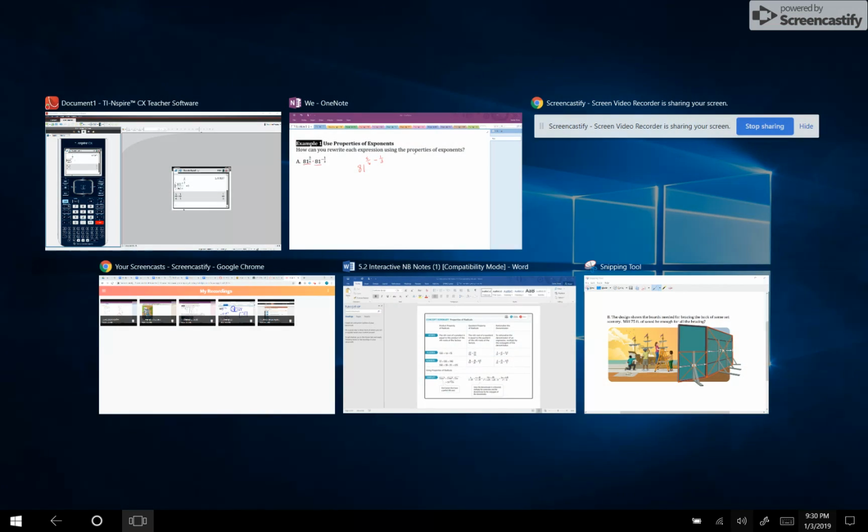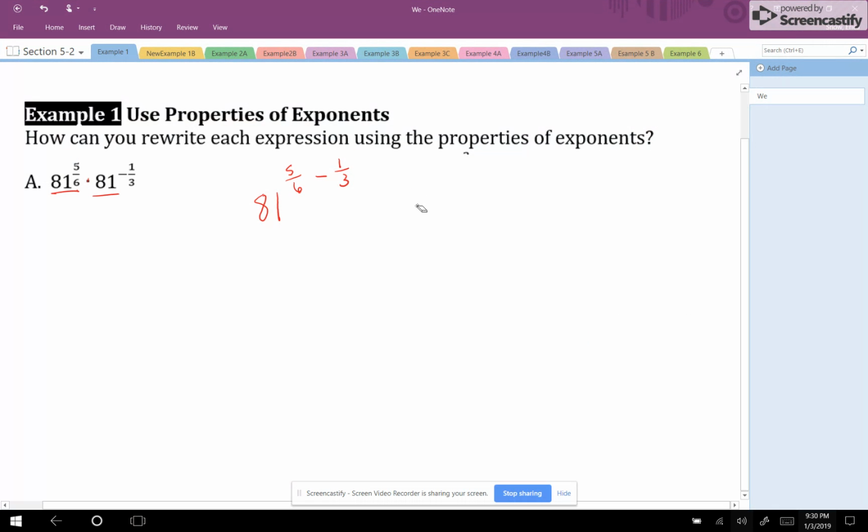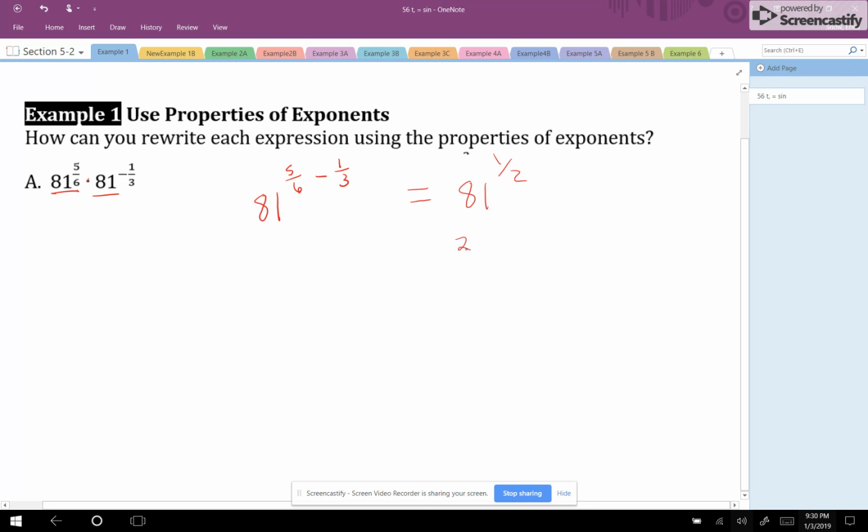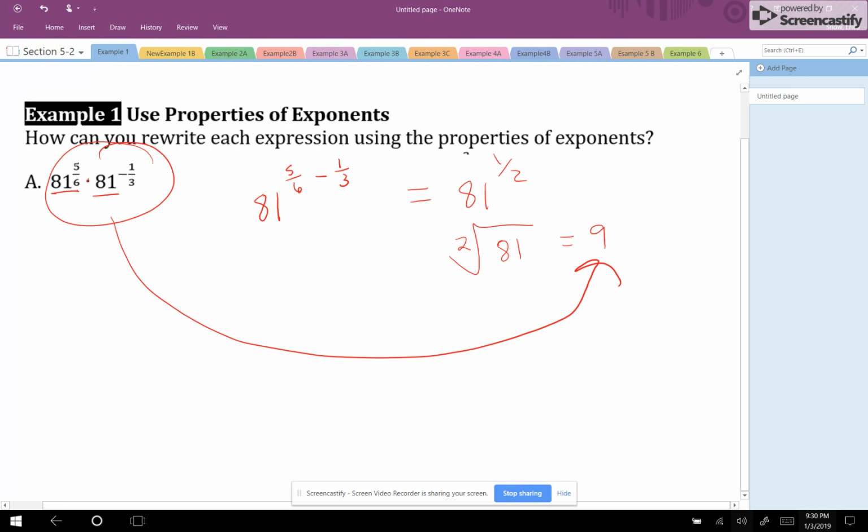So now I can go back and this is going to be equal to 81 to the 1/2. Now you should remember from section 1 that that 2 now becomes the index of our radical. And you should all know that the square root of 81 is 9. So this yucky expression is just another way to say 9.